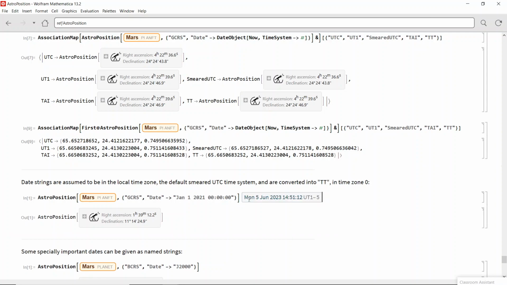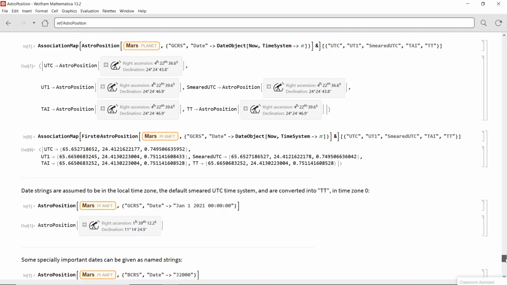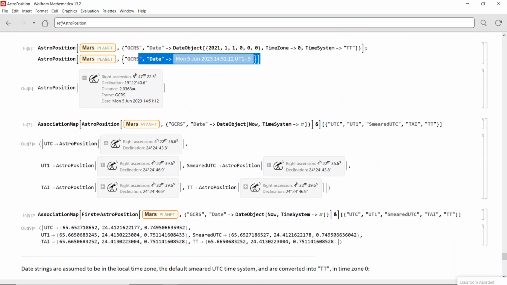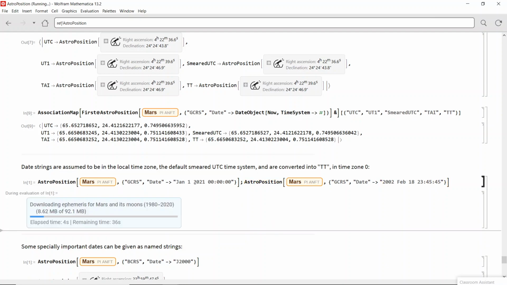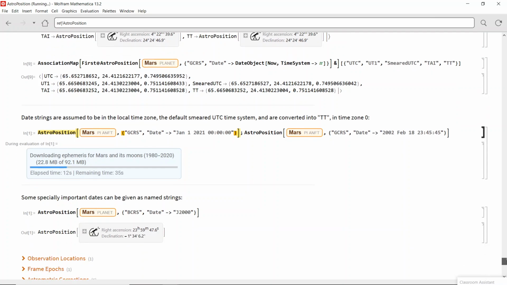So if I do... Downloading ephemeris from Mars and its moons, 1980 to 2020. Some especially important dates can be given as named strings.